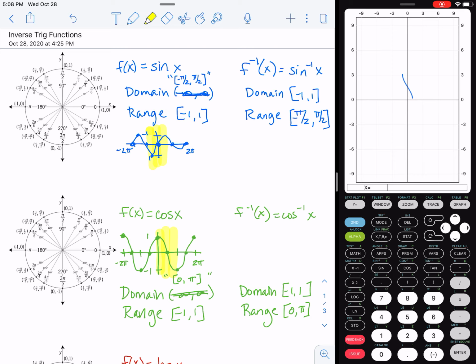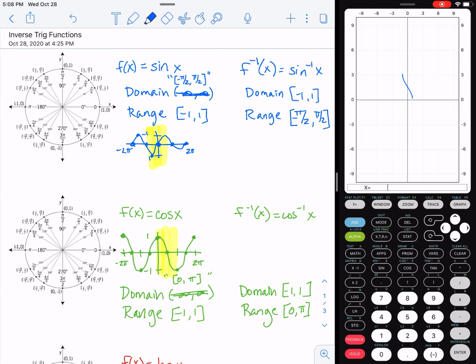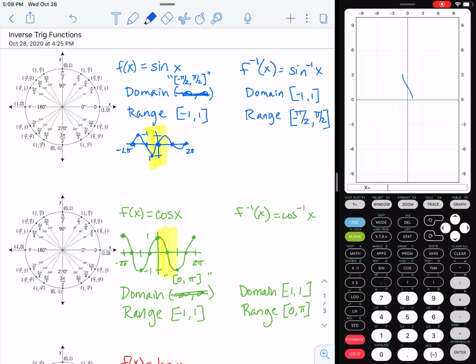So it's going to function, let me see if I can get a smaller one here. Let me redraw that. It's going to be restricted to these two quadrants, quadrant 1 and quadrant 4, okay?